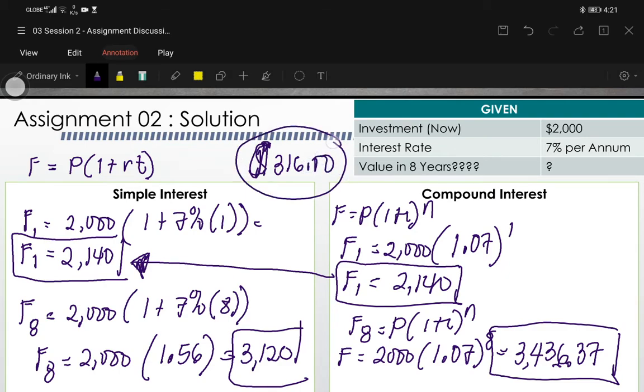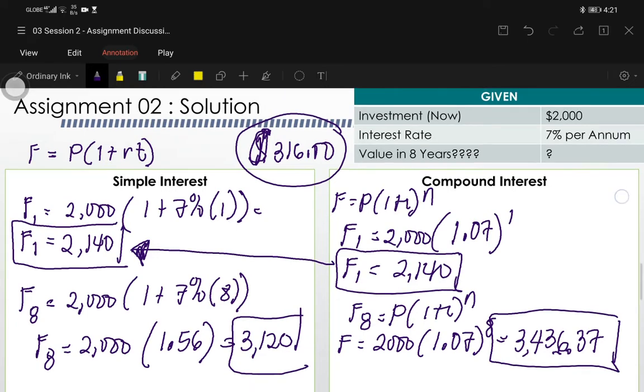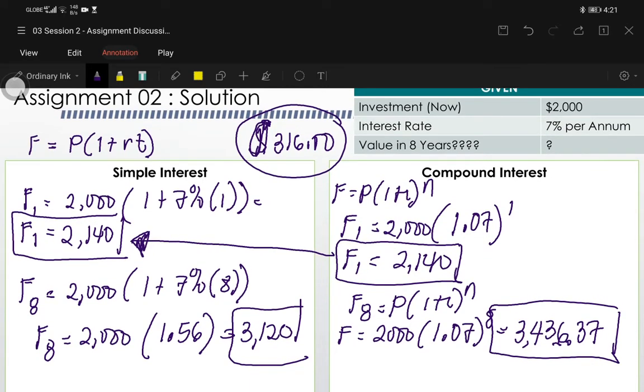So meaning, basically, on a compounding interest, the interest earned on the previous years or the previous payments or value would also gain interest when it is compounded. Unlike the simple interest, you only gain interest based on the investment value.